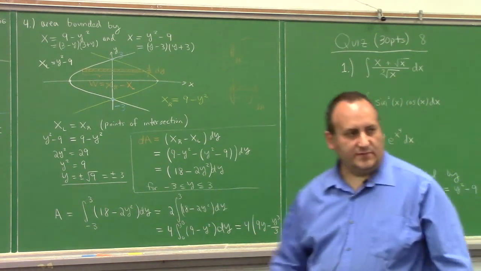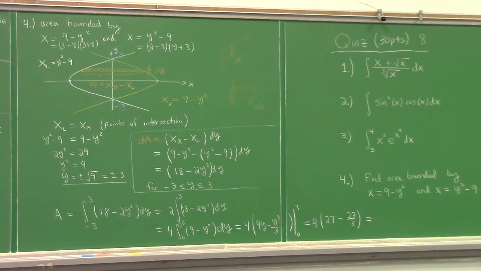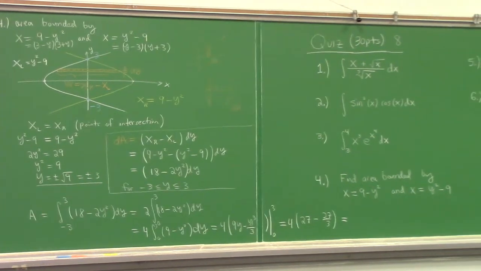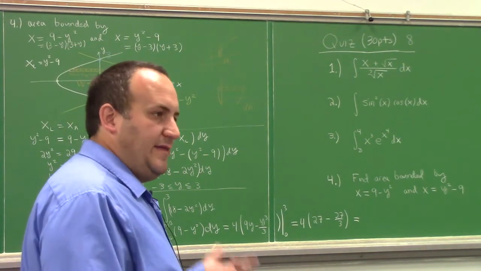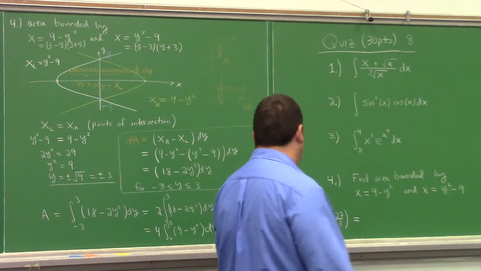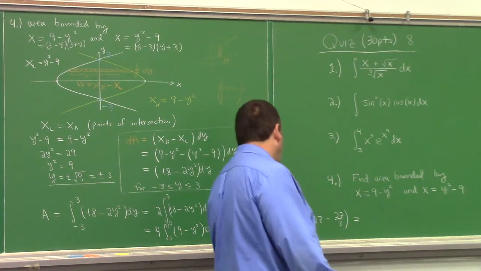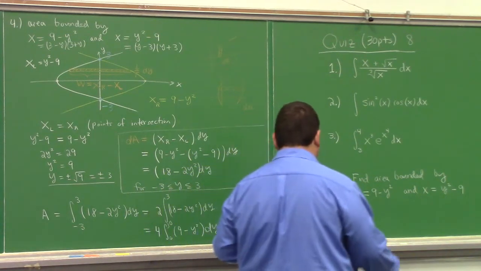And so what does that work out to? 27 over 3 is 9, right? 27 minus 9 is 18. Eighteen times 4 is 72. Oh, cool.